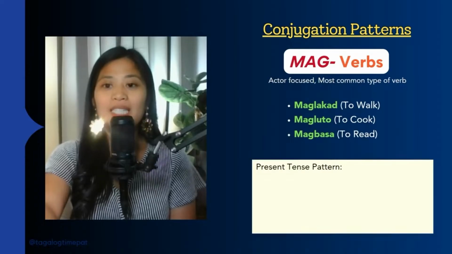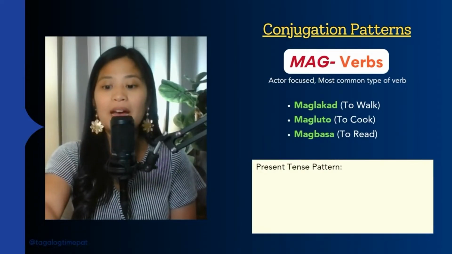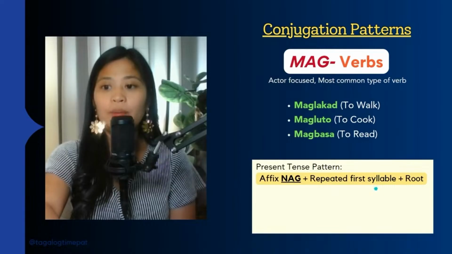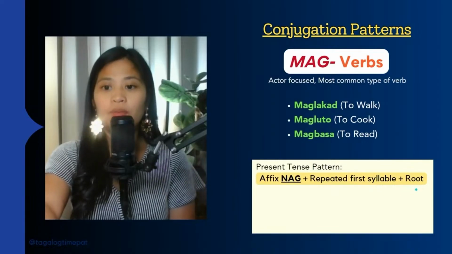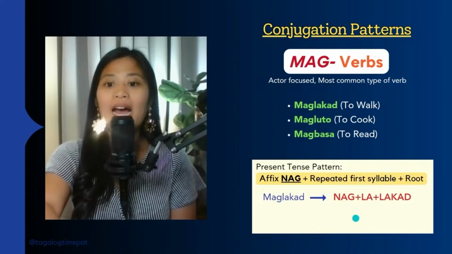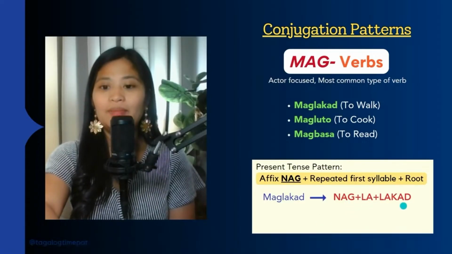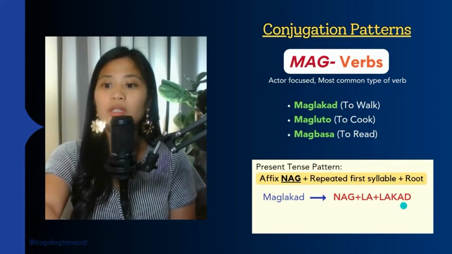Now, in the present tense, if you want to conjugate a mag verb in the present tense, here is the pattern. It's the affix nag, then it's the repeated first syllable, and then it's the root. For example, maglakad becomes naglalakad. Here's the affix nag, then there's a repeated first syllable, and then the root.